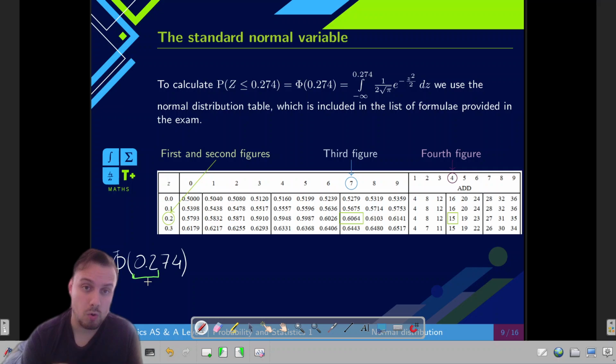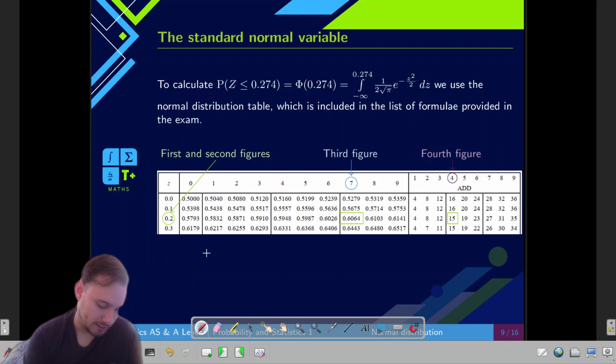I'm going to find it in this column that we have here, going 0.1, 0.2, and here we have the 0.2 that I'm looking for.